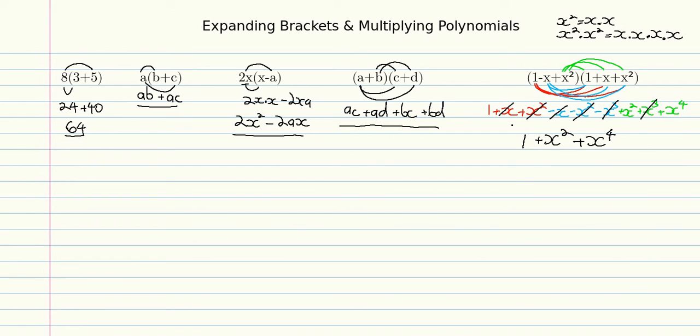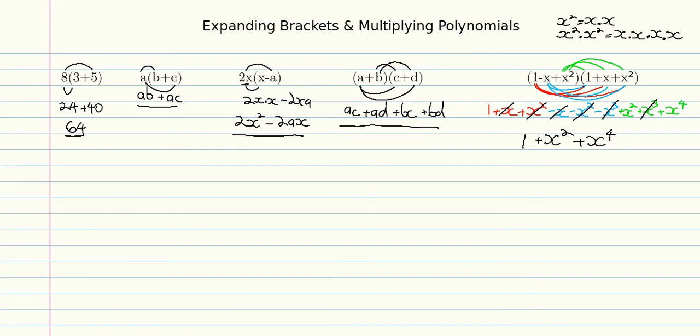So as you can see, it is very much a process. The process is you take each individual number, letter, component in the first bracket, and then you times each of the components in the second bracket, and you just do it progressively.